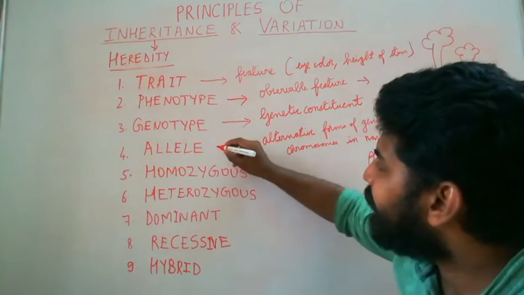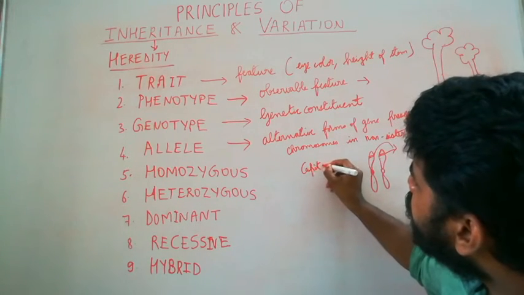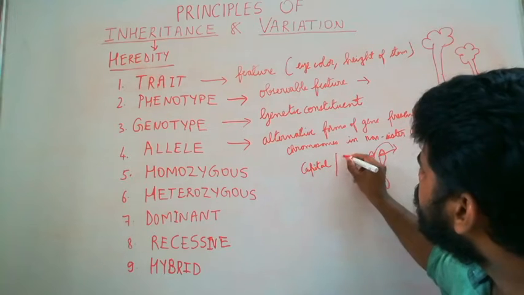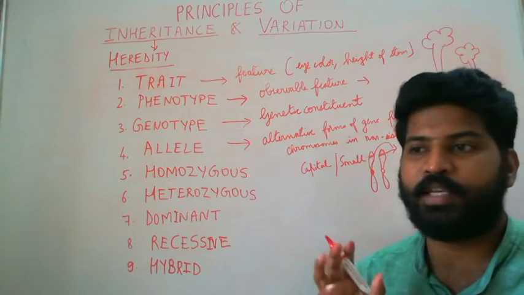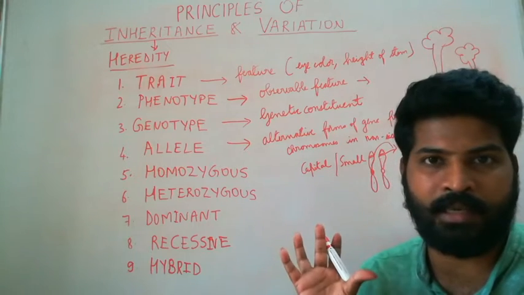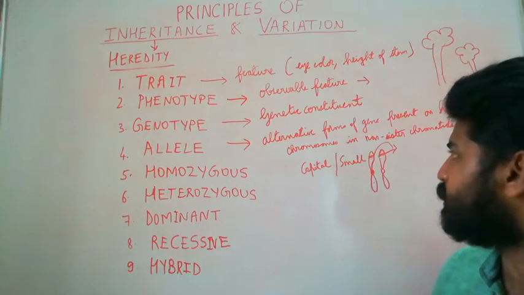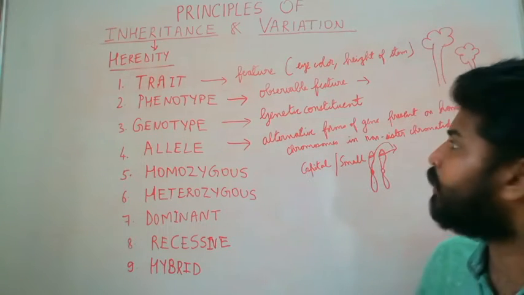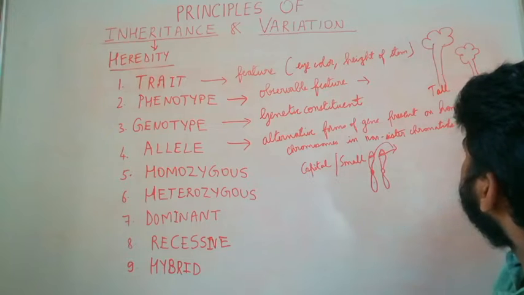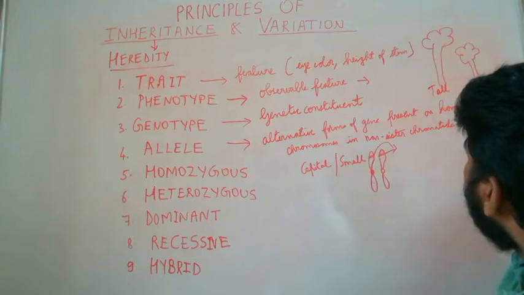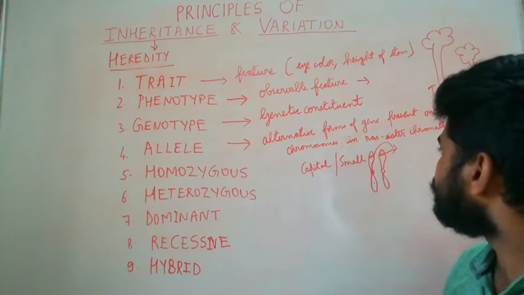We can name these alleles using a capital letter and a small letter. So there should be a way of identifying these alleles. So we use this kind of nomenclature. For example, let us say this is a tall plant and this is a dwarf, short-heighted stem.